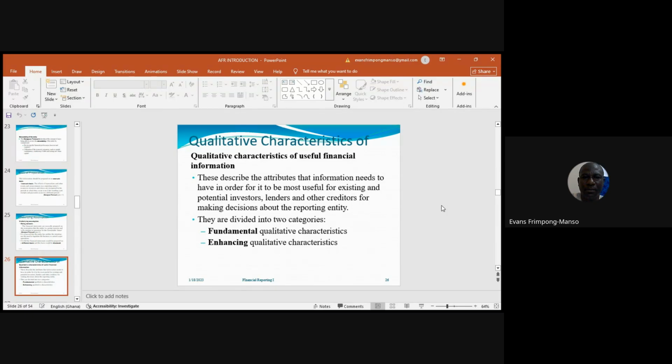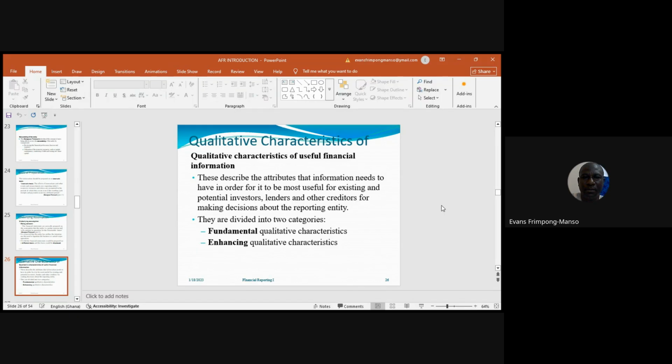Enhancing means complementing the fundamental. So the fundamental become the basic qualitative characteristics of accounting information, then the enhancing is complementing or aiding the fundamental for them to do their work.